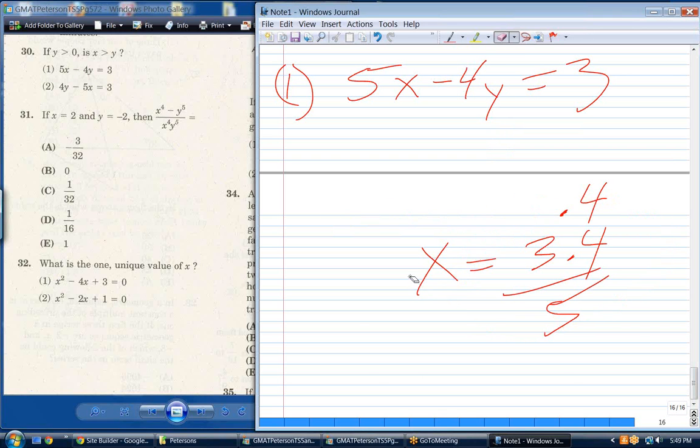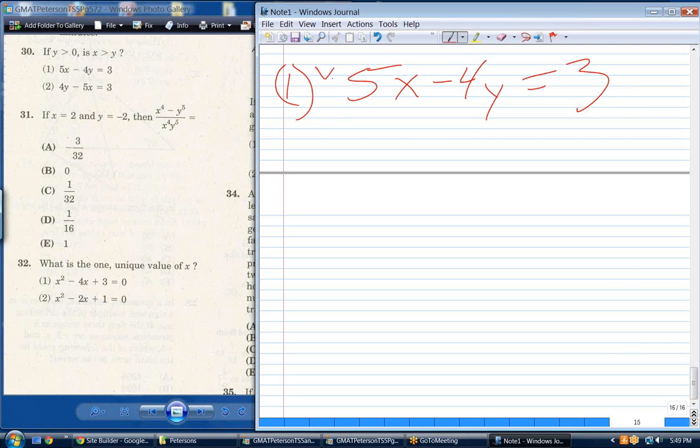And the reason is, notice that the coefficient in front of the x is greater than the coefficient in front of the y. And the reverse is true on number 2. Yeah, I would say that number 2 doesn't work. Okay, well, be a little careful with data sufficiencies.